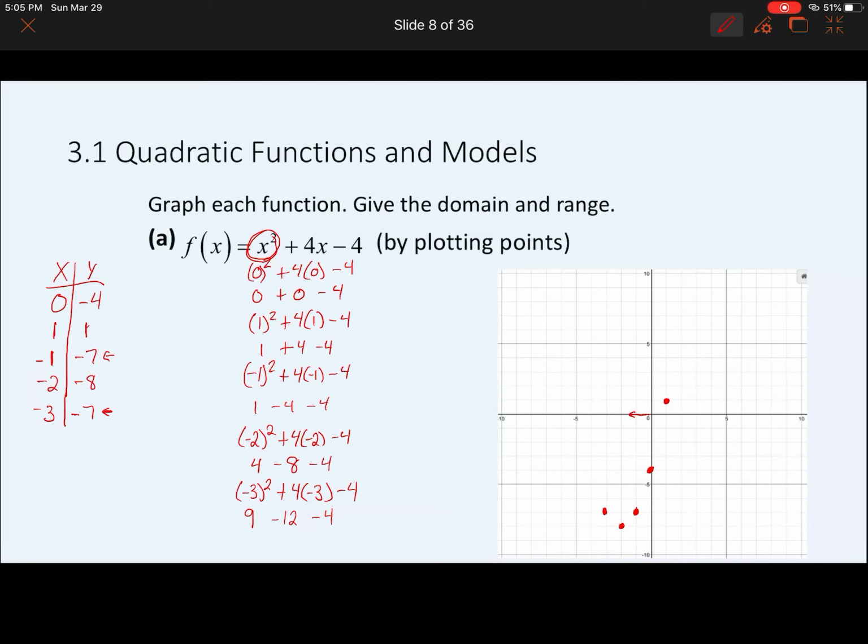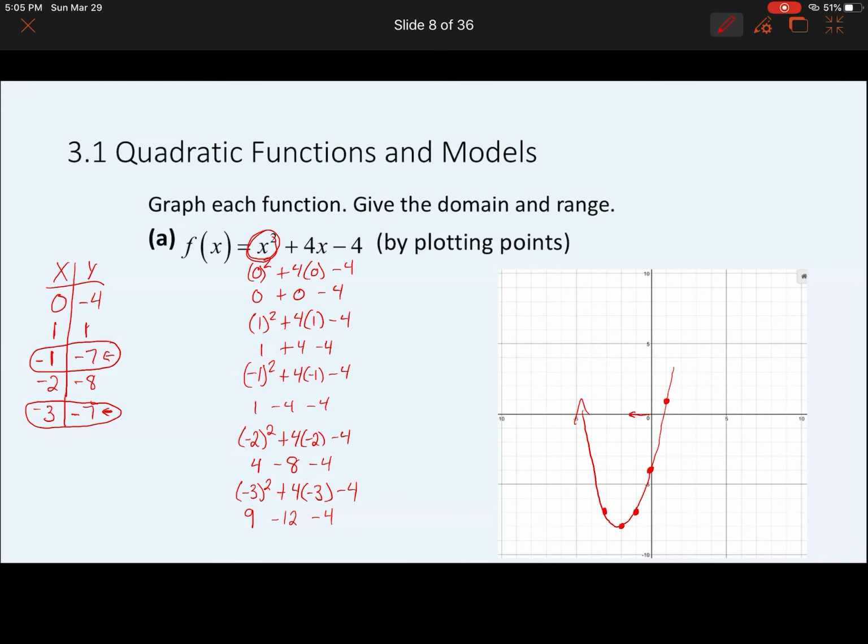Well, now you'll notice here and here you see that same value of y. So let's plot this point and we'll talk about it. So we're going to go left 3. We're going to go down 7. Well, now all of a sudden we see that curve, right? And as we connect these points, again, connect them in a smooth curve, it looks something like that.